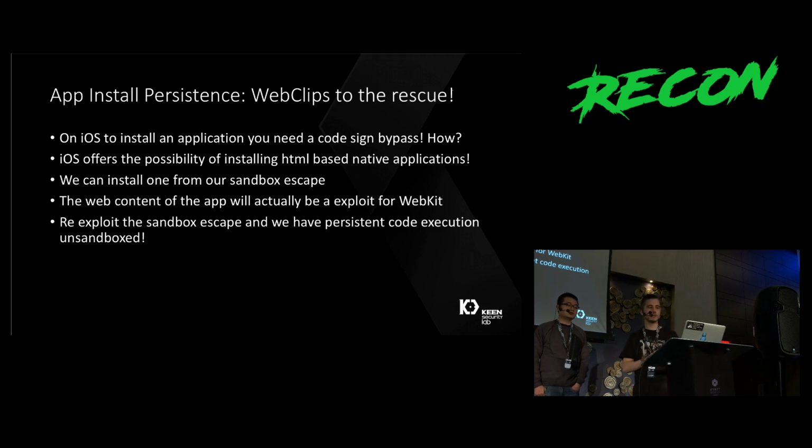And luckily, we have a very good sandbox escape, so we can install one of these HTML-based applications from our sandbox bypass. And inside this native application, we will bundle our WebKit exploit and our sandbox bypass. So in this way, when you click on the application, it will run the exploit chain again, and you will get native code execution outside of the sandbox every time you click.